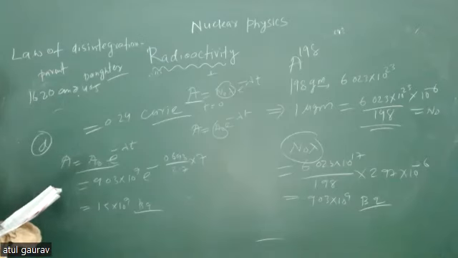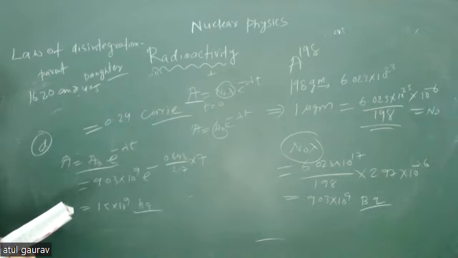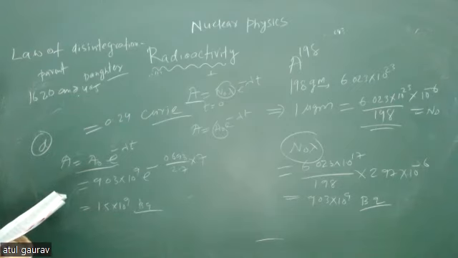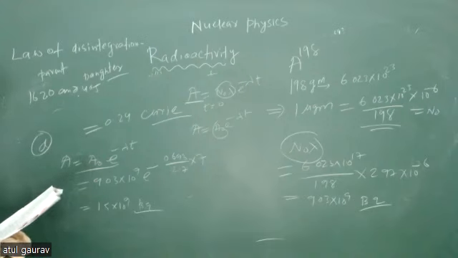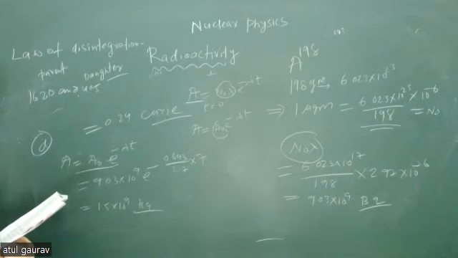Half-life of a radioactive isotope is 4 into 10 की power 8 years.